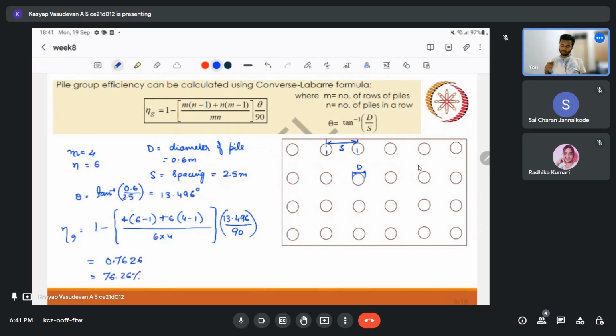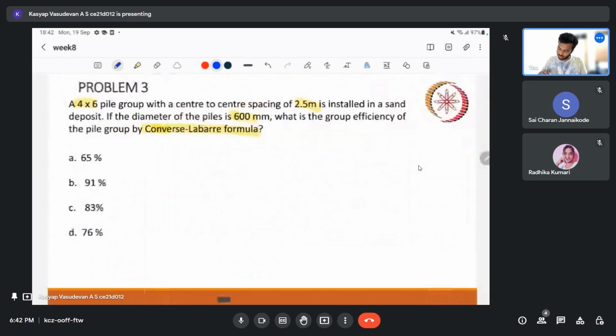Now if you notice, there is no issue if you are interchanging m and n. It doesn't matter, because in the equation m and n are interchangeable. So 76%, we have an option. Okay, that is our problem 3.